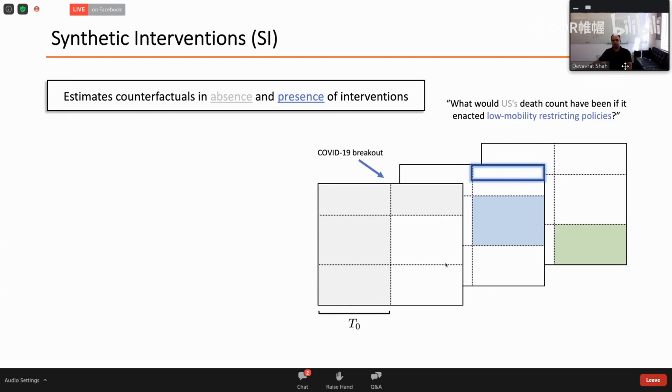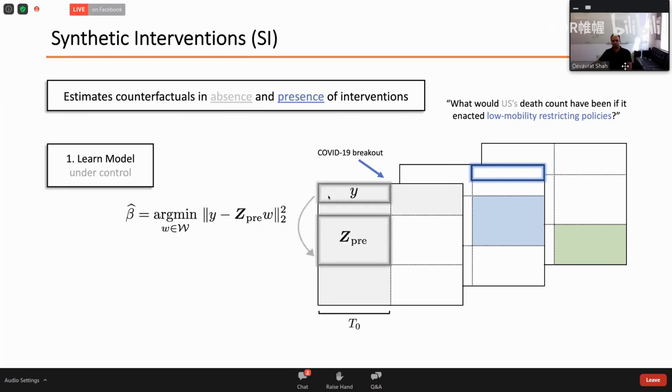Again, we will do the same thing as we did for synthetic control, but with a little change. So let's suppose I want to know what would happen to US here in this slice. Just as before, I will look at pre-intervention data for US here. Now I'm going to restrict only to the rows that have experienced this blue intervention, and then learn the relationship between Y and these rows by restricting to them.